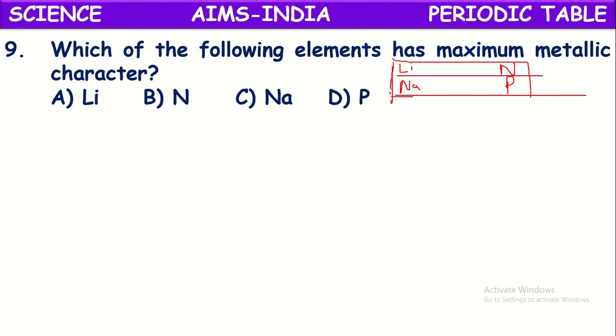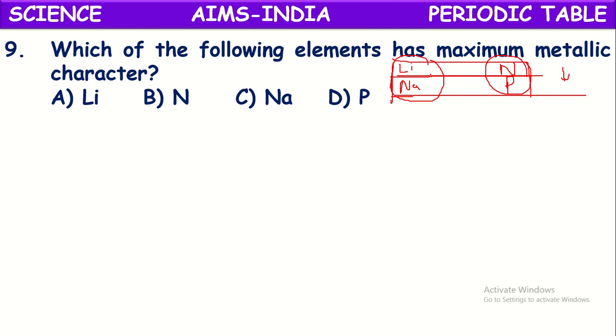Now we know metallic character decreases from left to right. So these elements have lower metallic character than these, even though these two are non-metals actually, isn't it? So these two are metals. Now in these two, which is more metallic, we have to identify. We know in a group from top to bottom, metallic character increases because size increases.